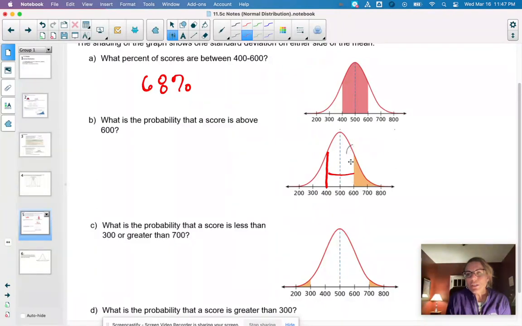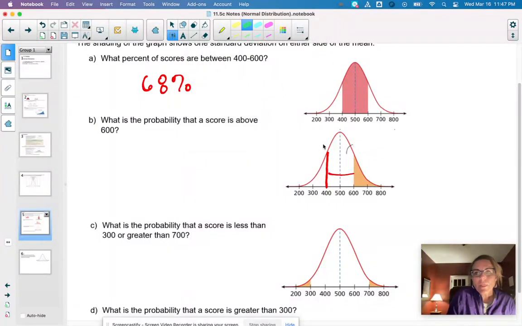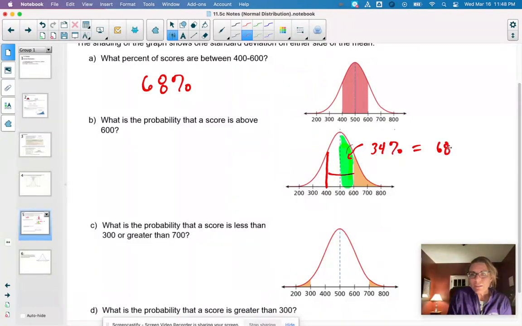If I just want to look at this part right there, that will be half of the 68%. So that will account for 34%, because that's going to be 68% divided by 2.